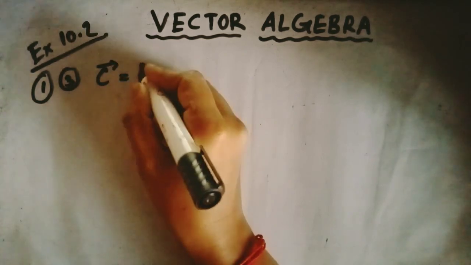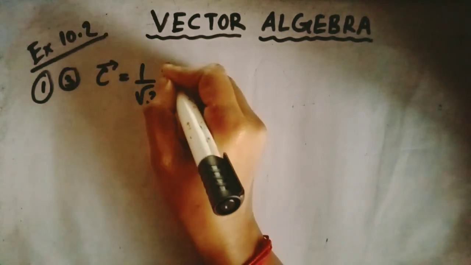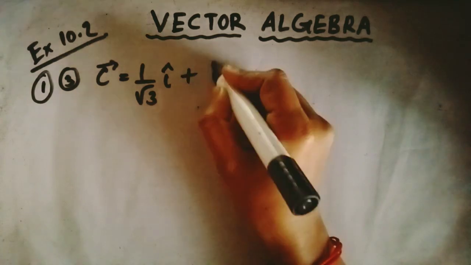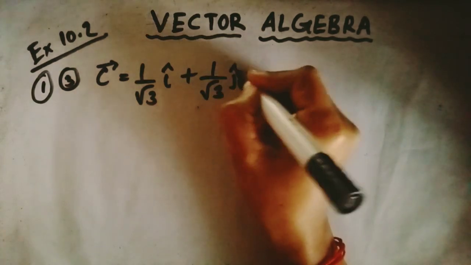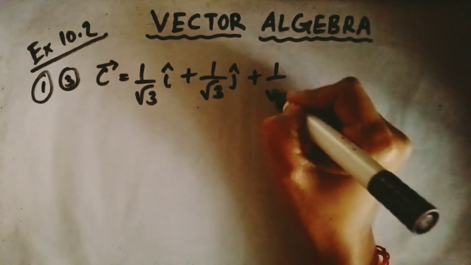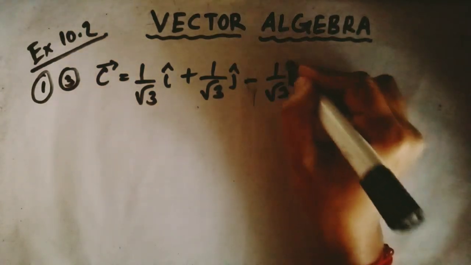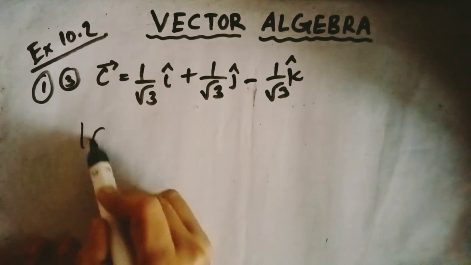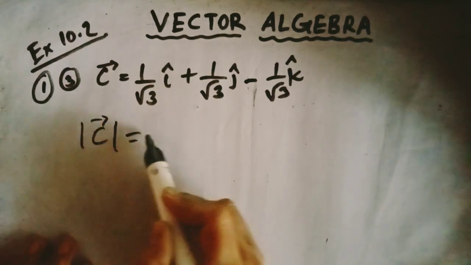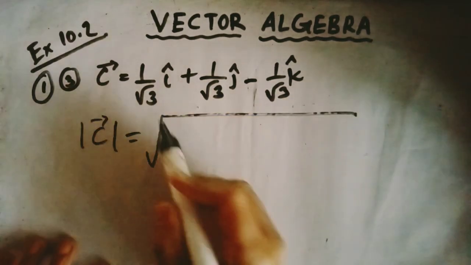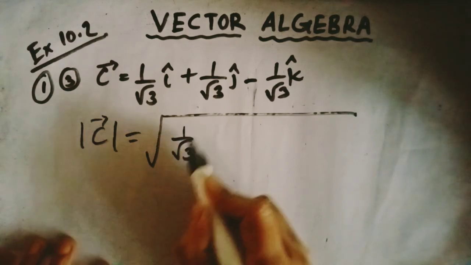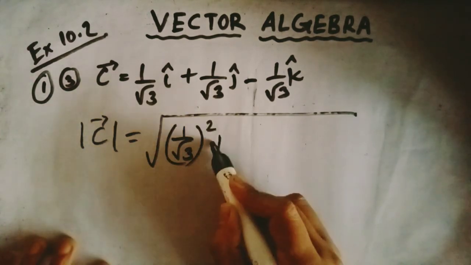The vector c is given as 1 upon root 3 i, 1 upon root 3 j, and minus 1 upon root 3 k. Its magnitude is the square root of the squares of these scalar components.